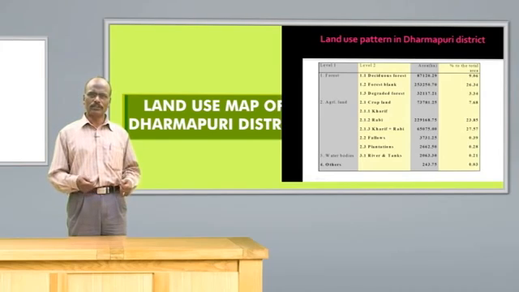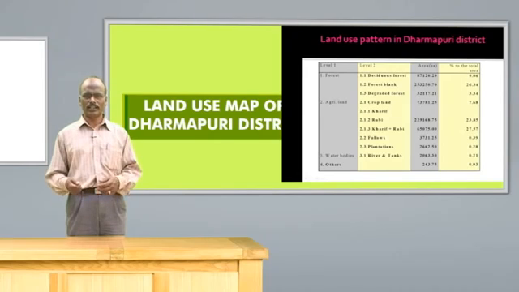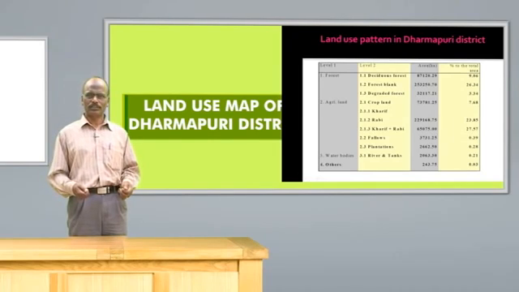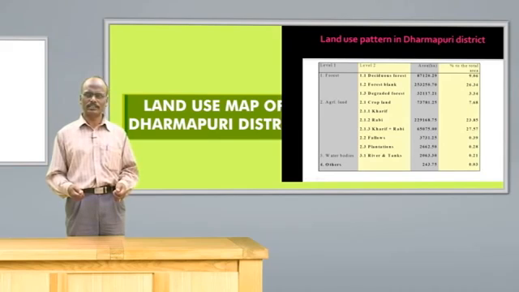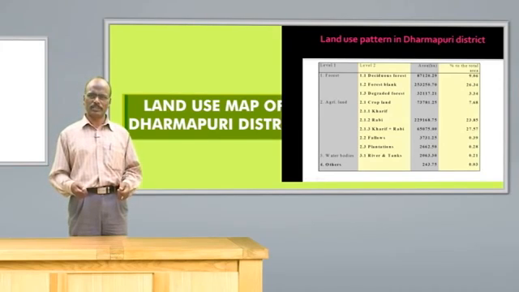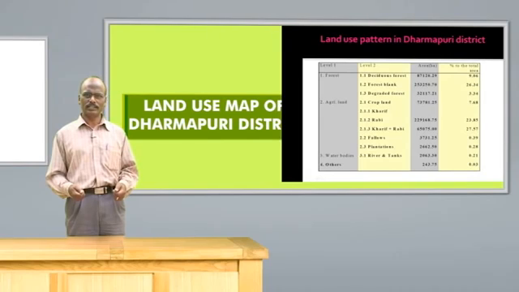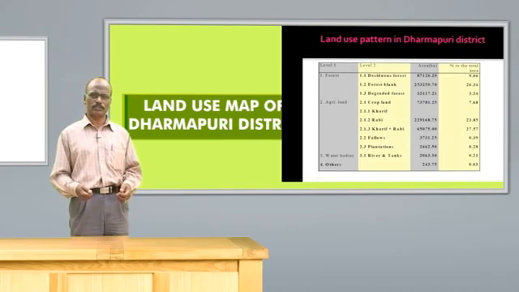In the level 2 categories under forest we can also classify deciduous forest, forest blank and degraded forest. Under agriculture crops you can get cropland, within which cropland during kharif season, crop during rabi season as well as double crop, that is cropped during kharif as well as rabi season, and fallow lands as well as plantation crops.